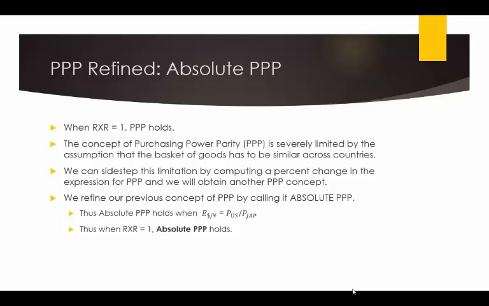It should however be noted that this definition of PPP should be qualified and more accurately called absolute PPP. Absolute PPP is limited by the assumption that we are measuring baskets that have to be identical across countries. This is faulty in practice, especially when comparing developed Western economies with developing economies, whose baskets of consumption are obviously different.